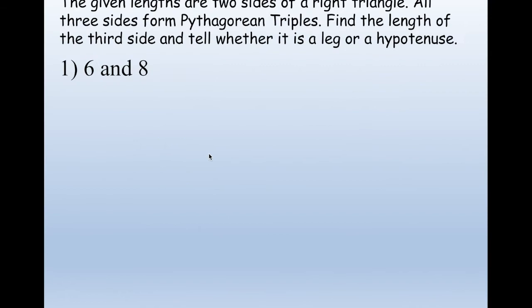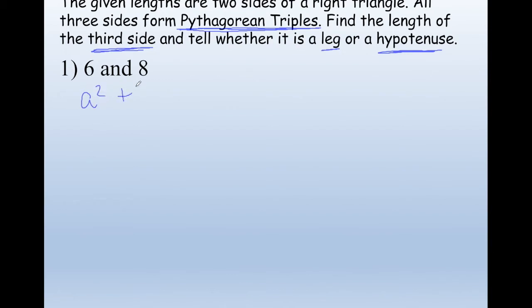Now let's do a problem here. Say this is going to be a Pythagorean triple, so they all have to be whole numbers. They give you two numbers. We want to find the third side, and after we find it, decide whether it's a leg or a hypotenuse.